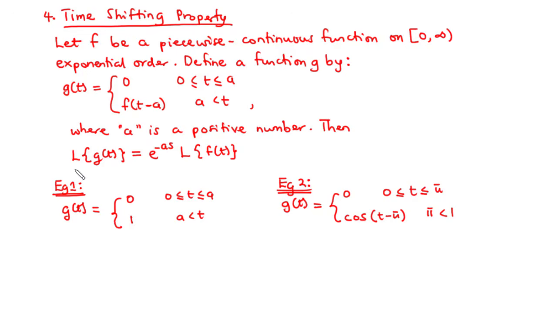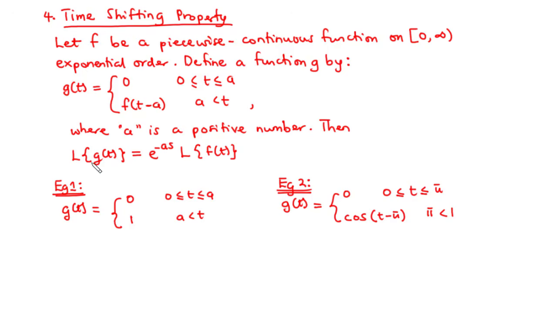Then the Laplace transform of g of t is given by e to the power -as times the Laplace transform of f of t. What this primarily means is that if a function is delayed in time by a, then the Laplace transform of the function is given by the Laplace transform of the function without the delay, in this case the Laplace transform of f of t, times e to the power -as.